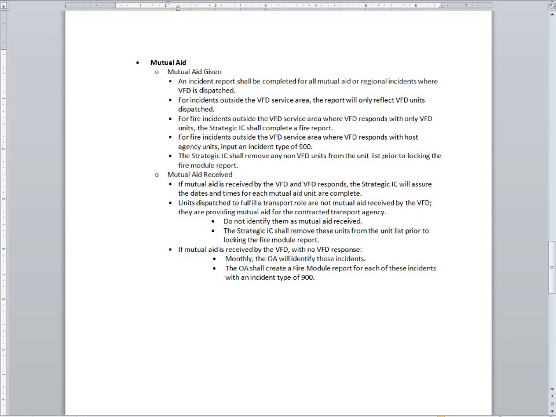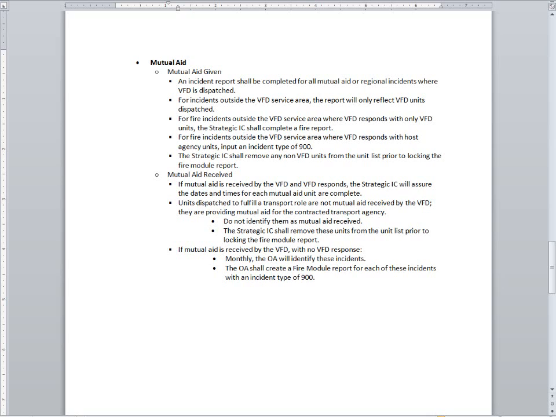Because we didn't do anything associated with that alarm. It was all mutual aid companies, and our operations analyst will put into the narrative section and point to the agency that provided that service as our incident report.